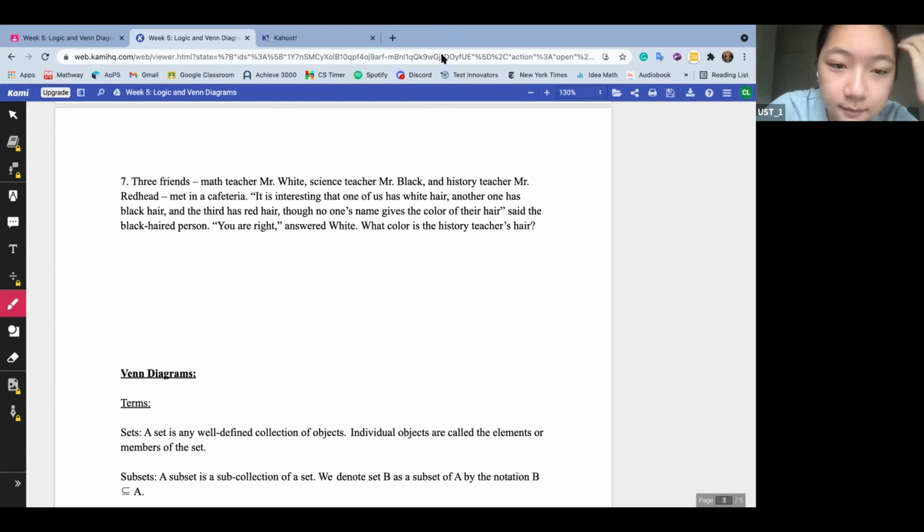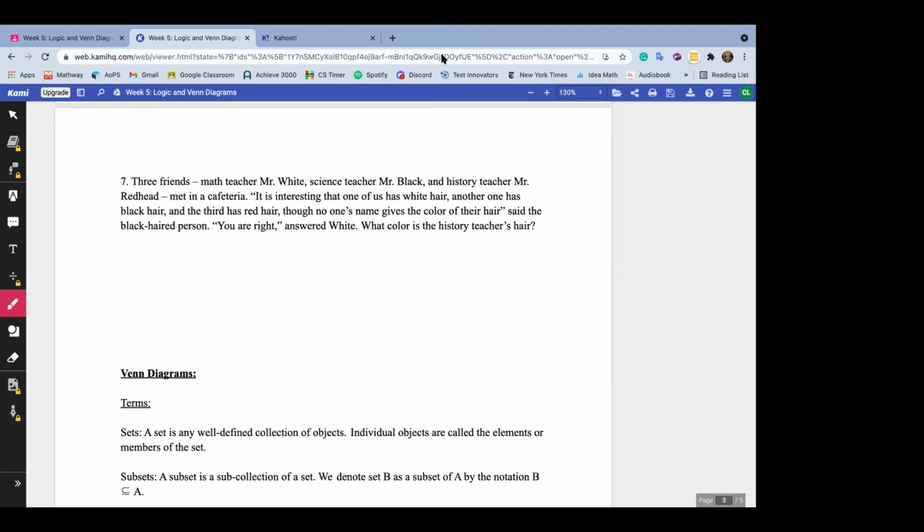White means Mr. White. Oh, okay. So now I know that the person with the black hair is either Mr. White or Mr. Redhead, and Mr. White does not have white hair. So either the white-haired person is Mr. Black or Mr. Redhead.